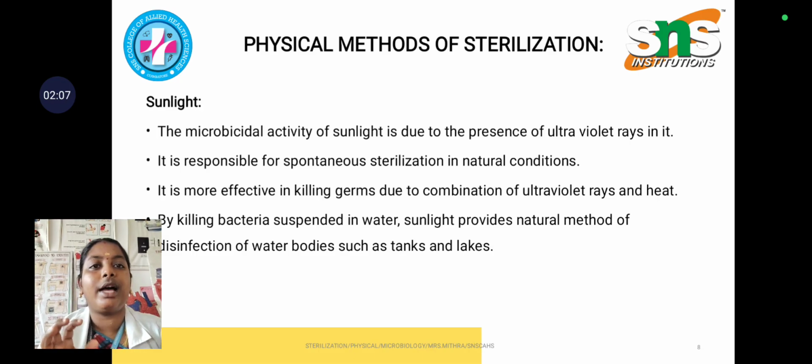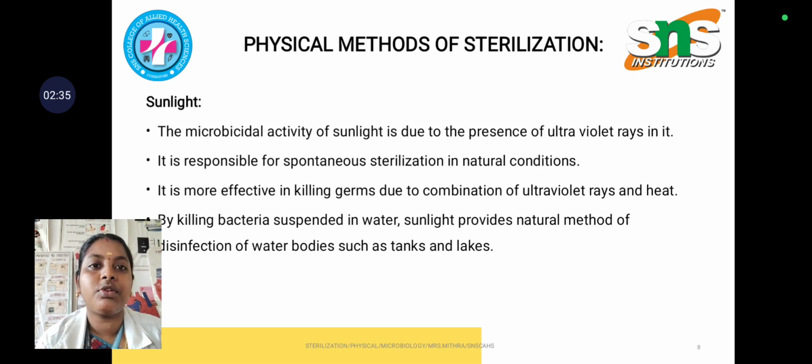As I said before, sunlight is a form of physical sterilization. Sunlight is regarded as natural sterilization because of the presence of UV rays, ultraviolet rays, in sunlight. On behalf of the ultraviolet rays, the microbicidal activity of sunlight is achieved.